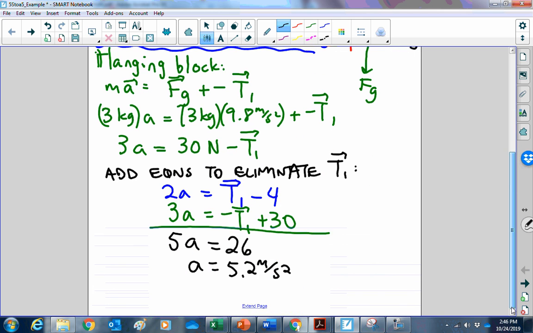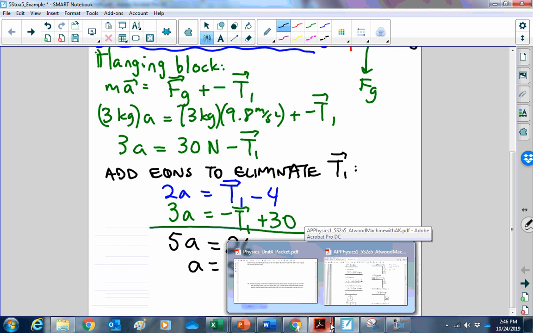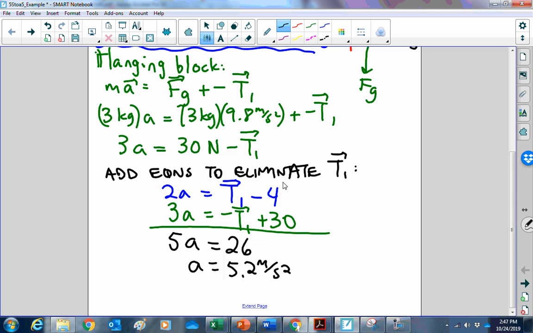Then I can plug that back into either one of these equations to find T1.